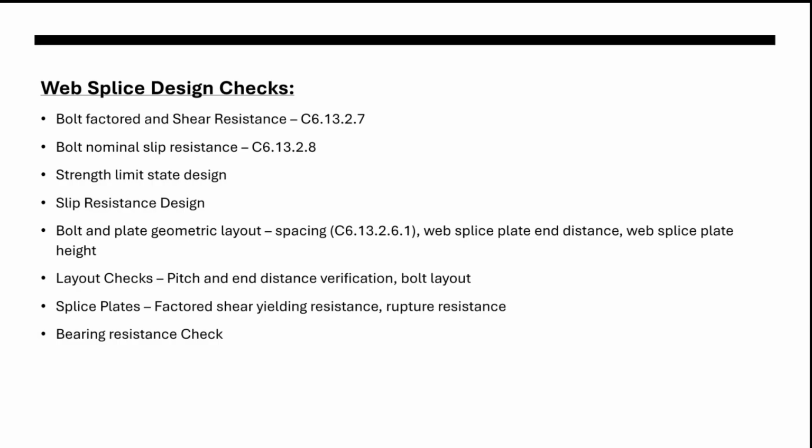Then the bolt and plate geometric layout, meaning how the bolts should be laid out, and the layout check. For the splice plates, we check the factored shear yielding resistance, the rupture resistance, and finally the bearing resistance, where the bolt presses against the edges of the hole, which can tear apart the plates and cause failure. So we need to check for those as well. So these are the design considerations for these splice plates.